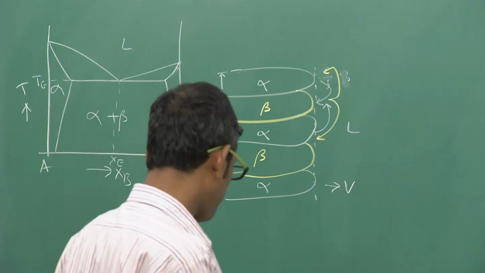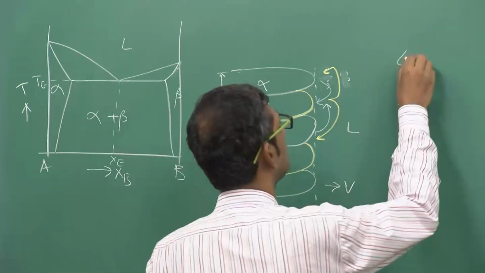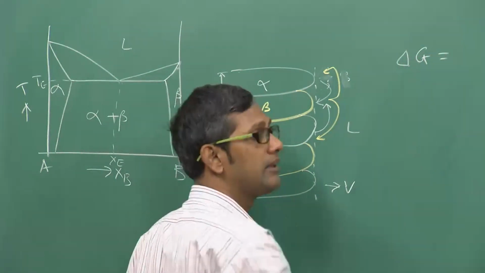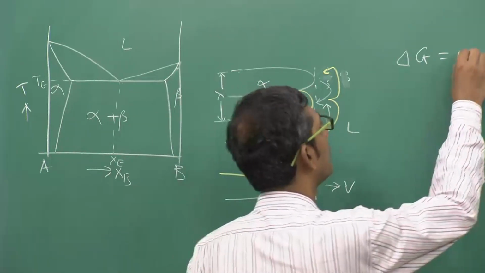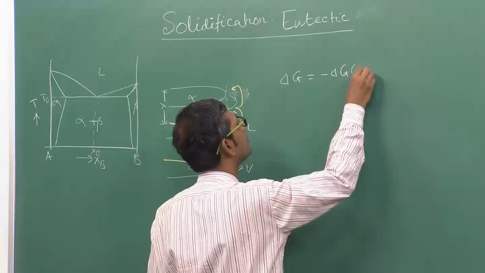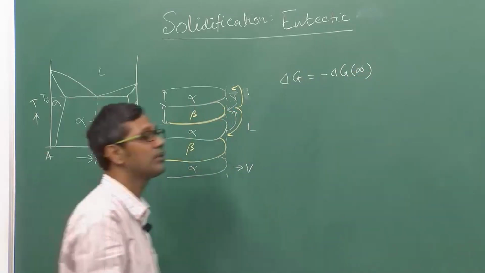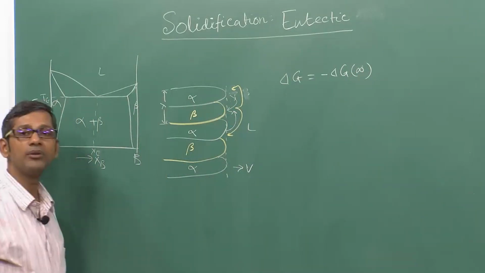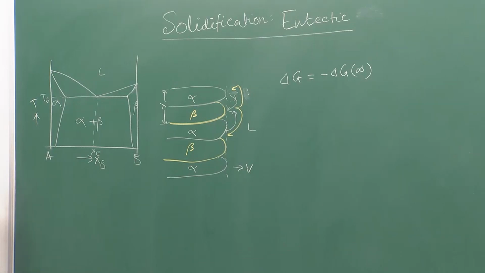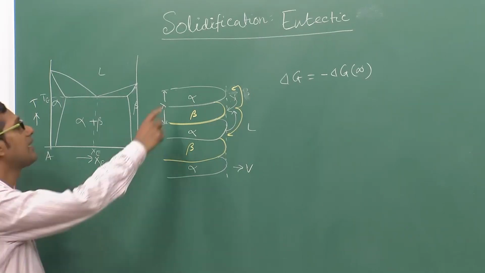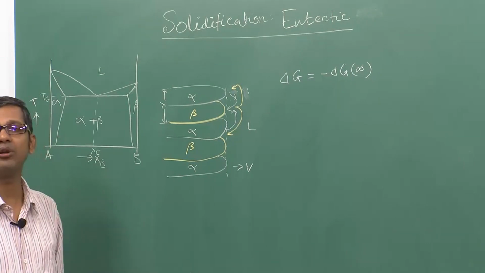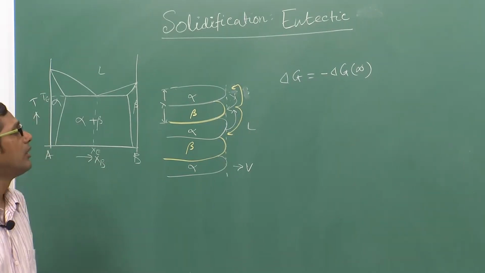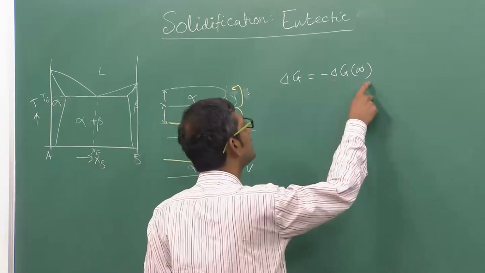Now as you know, the free energy difference, which is the available energy to the system for its growth, has two parts. One is the free energy corresponding to lambda equal to infinity. When you have a very large lambda, the interfacial energy between alpha and beta is basically almost 0.